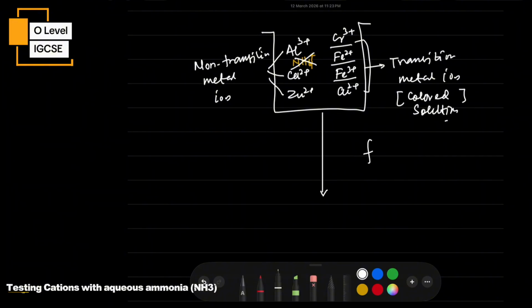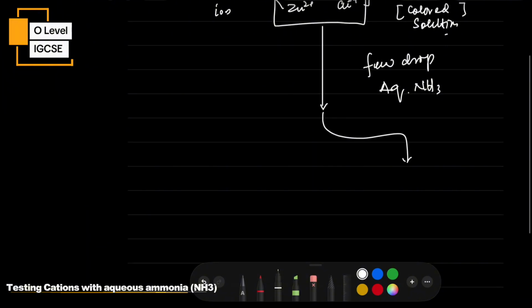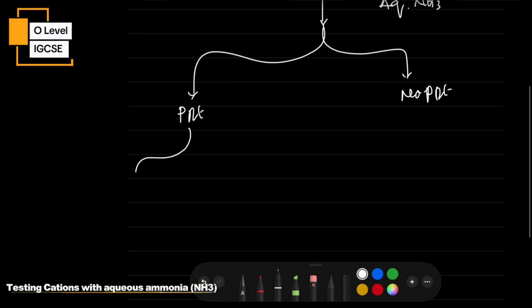I'm going to add a few drops of aqueous ammonia, NH3. Again there are 2 routes, no precipitate formed and precipitate formed. In the case of precipitate, further 2 divisions, colored precipitate and white precipitate.